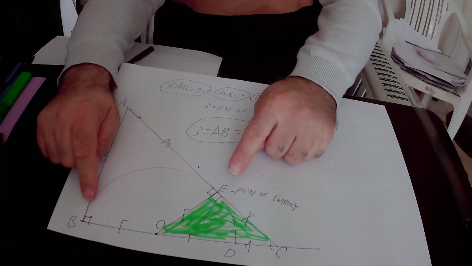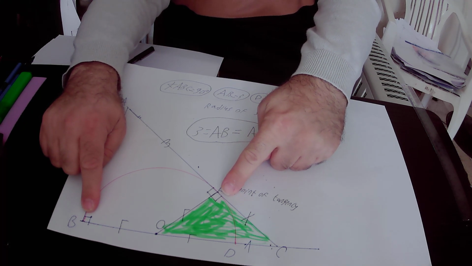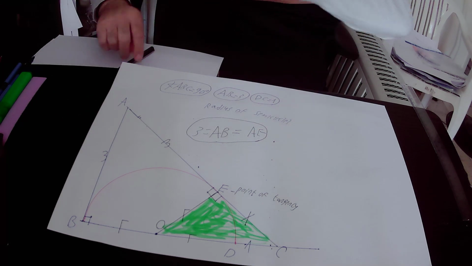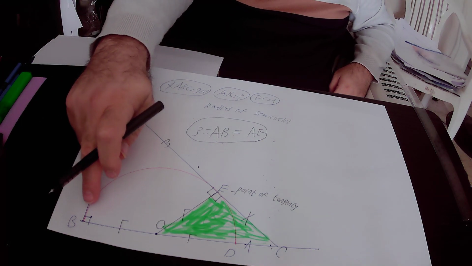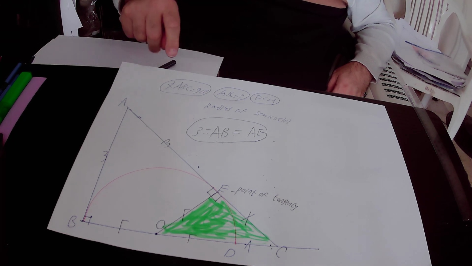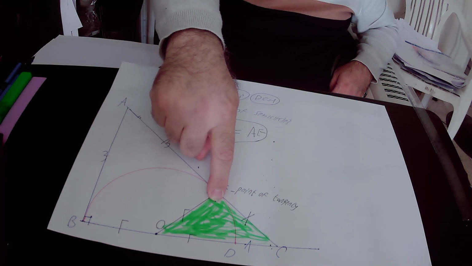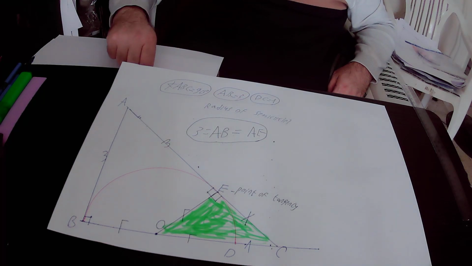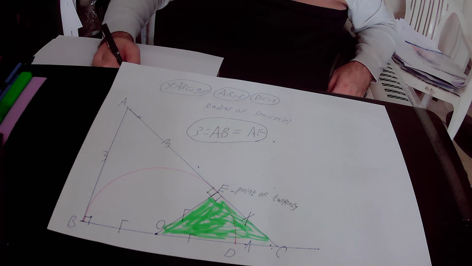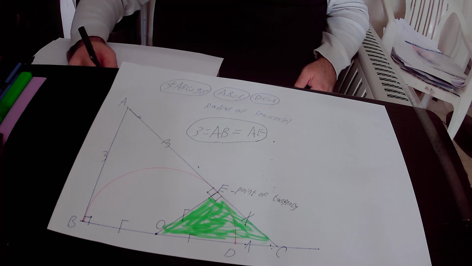Actually, we know that those two angles are equal to each other. They are both right angles. So we can write down that angle ABC of triangle ABC equals angle OEC of the green right triangle OEC, and both angles are right angles, they are equal to 90 degrees.